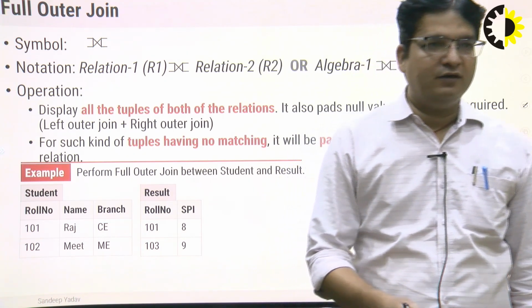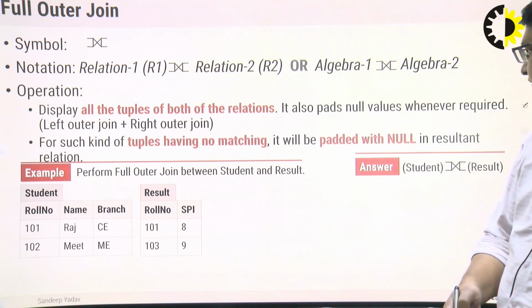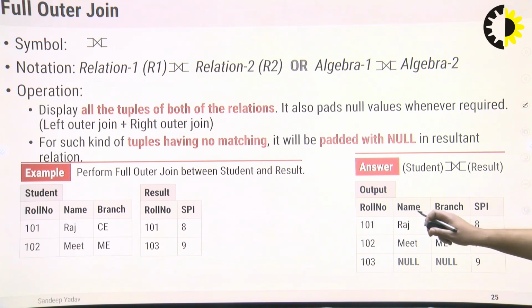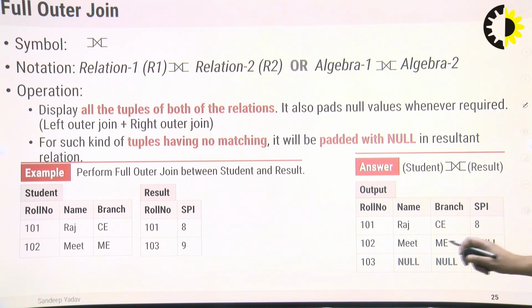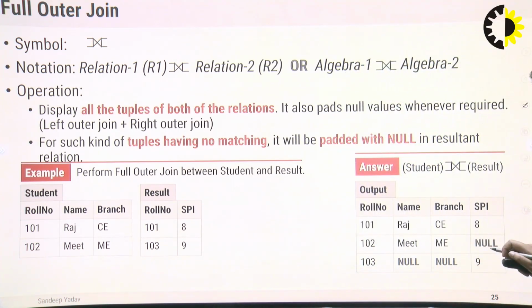Let us see how it works. Now student full outer join result, roll number, name, branch and SPI. 102 meet ME. Now this is not present in the right relation, so 102 is not here, so this value is null here.